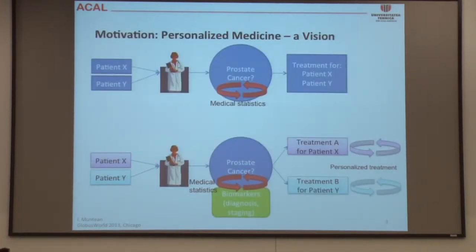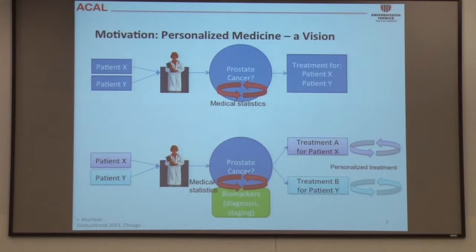The initial motivation for this research was to derive a more sophisticated and personalized treatment for patients. If you consider a medical problem like prostate cancer, nowadays the treatment relies pretty much on medical statistics. If you have a medicine, there have to be large studies before it can be used by the public.